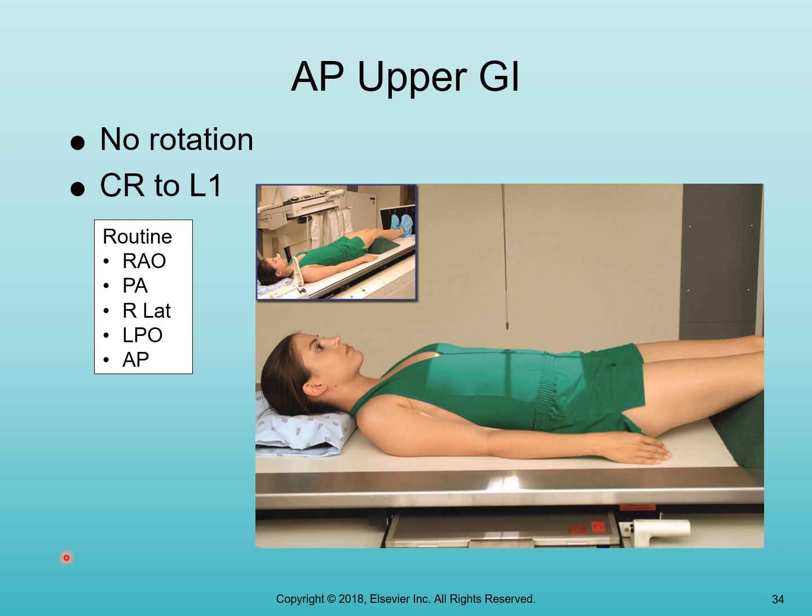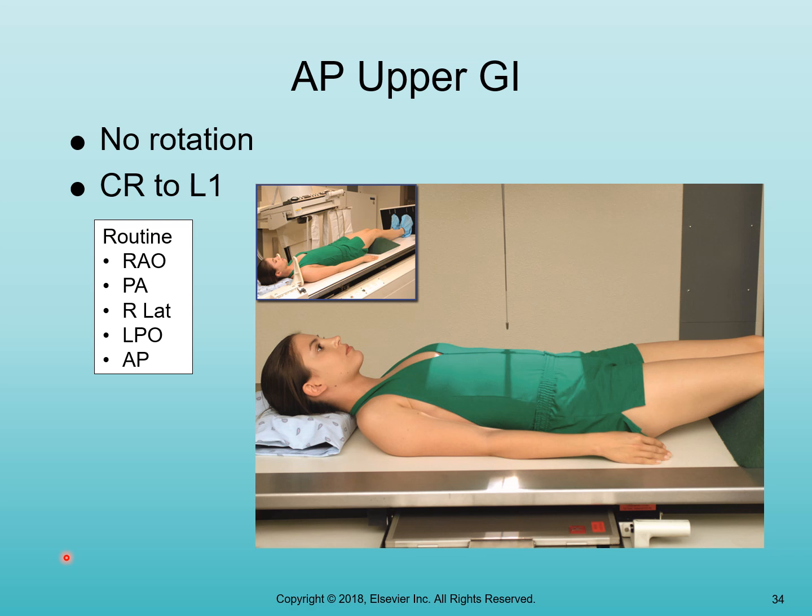You're going to be using a 14 by 17, likely in a portrait position. Your KVP range, we said, is 100 to 125 for single and 90 to 100 for double.